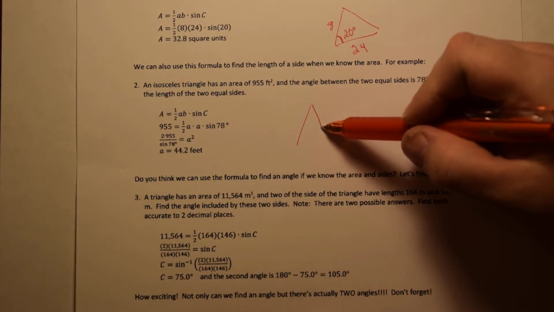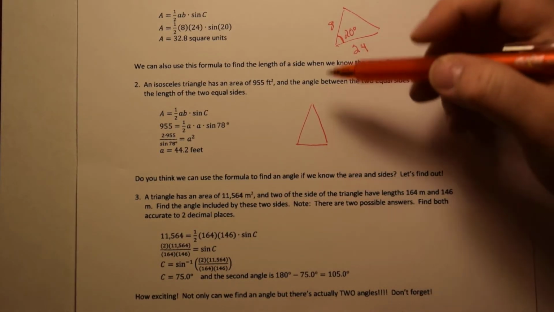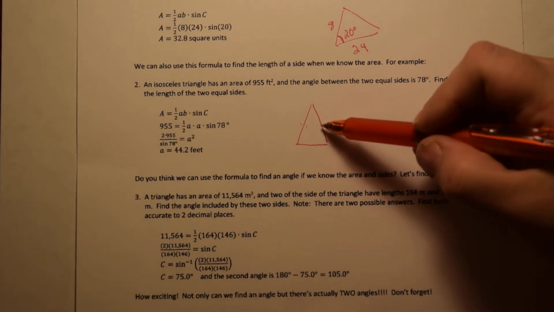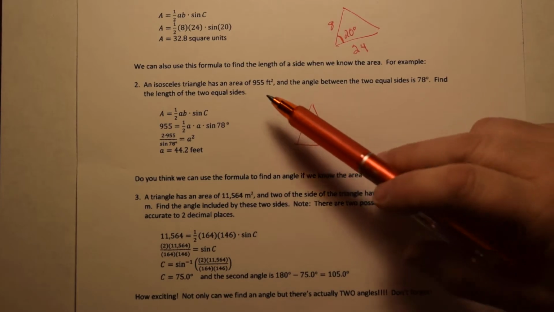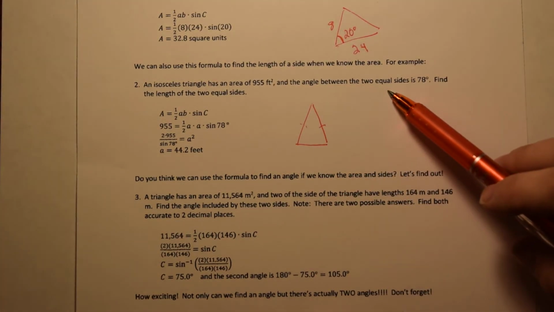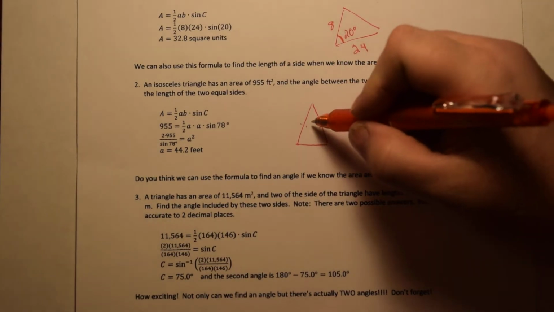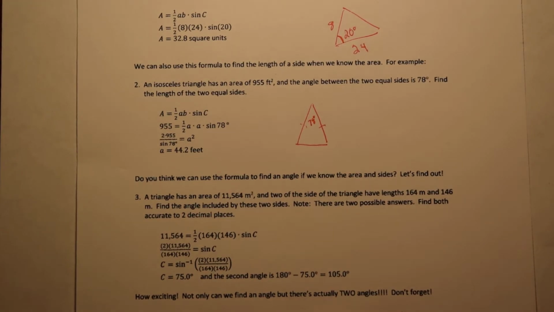An isosceles triangle is a triangle where two sides are equal. So let's say this side and this side are equal. And the area is 955 square feet. And the angle between the two equal sides is 78 degrees.